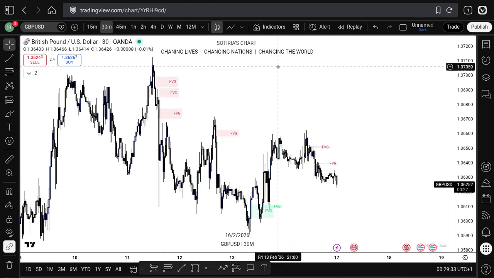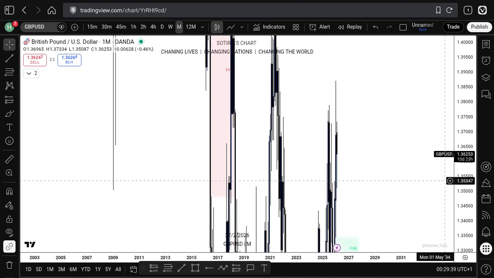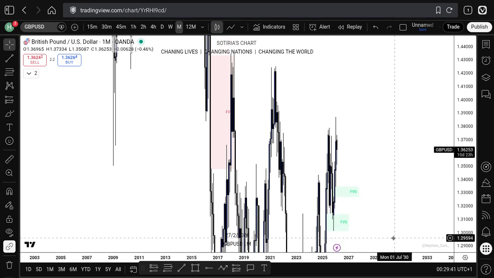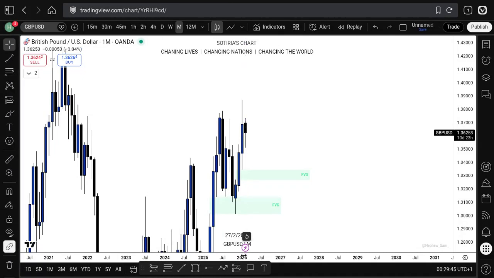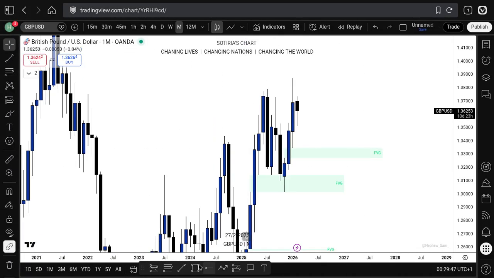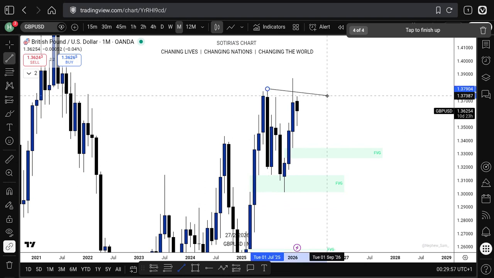So on GU, let's start from the monthly time frame. Just a little reminder, I talked about this in last week's video. So we had this break of structure right here where price took this high, and then after taking this high, we closed below.